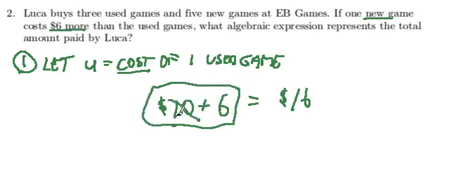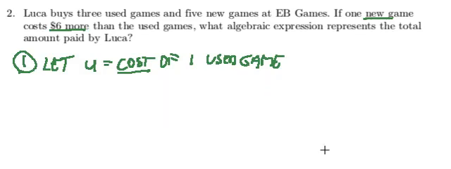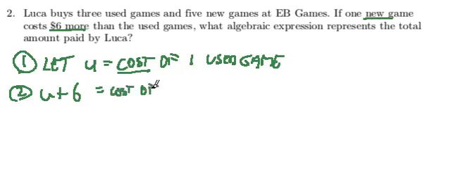But again, the 10 isn't really a 10. That's just a number I made up to replace U. So over here, when I'm going to write my expression for the cost of one new game, it's going to be what I just figured out, that U plus 6 is the cost of one new game.